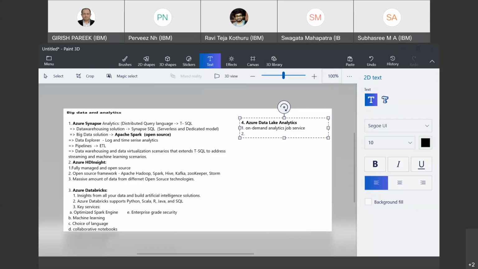This Azure Data Lake uses a different type of query language, which is known as USQL.